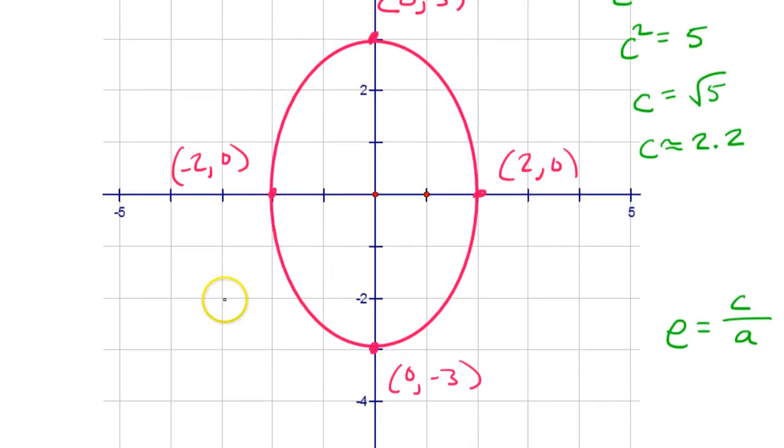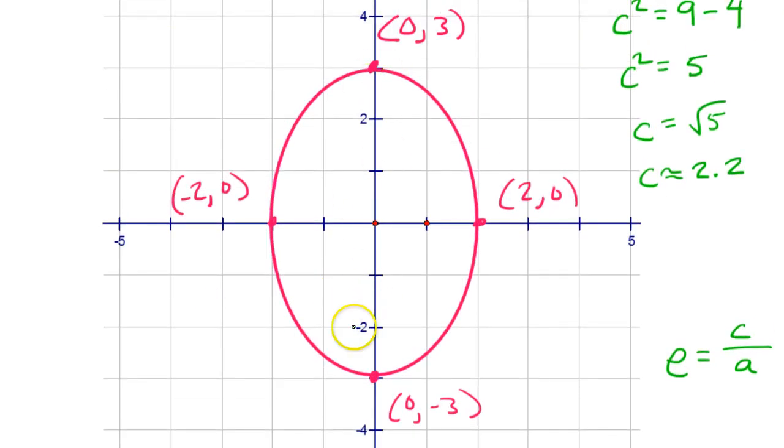Now, let's use the C value to find the foci. All right, the foci always go the long way. They will always be sitting right on the major axis. And so since I know that the decimal approximation is 2.2, then I will go 2.2 the long way. So 2.2 is about right here, and I will go negative 2.2 is about right here. Now when I label these points, though, I will use the square root form.